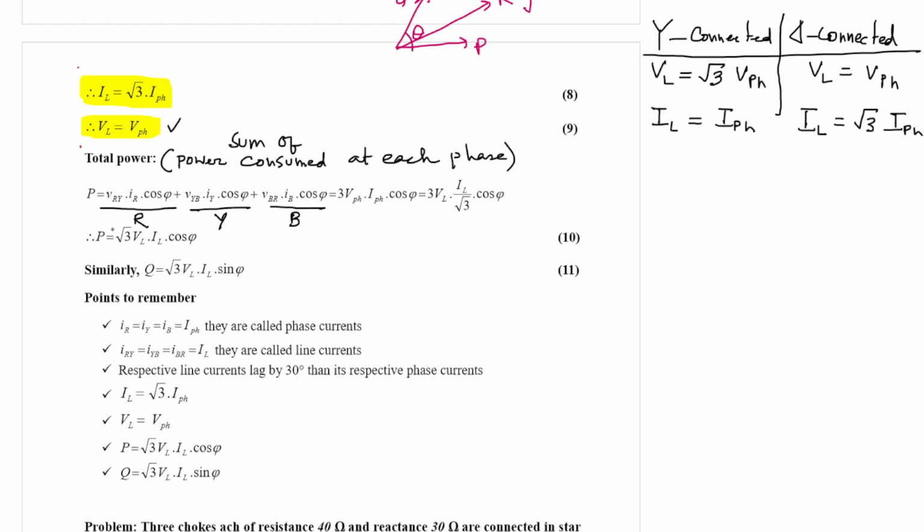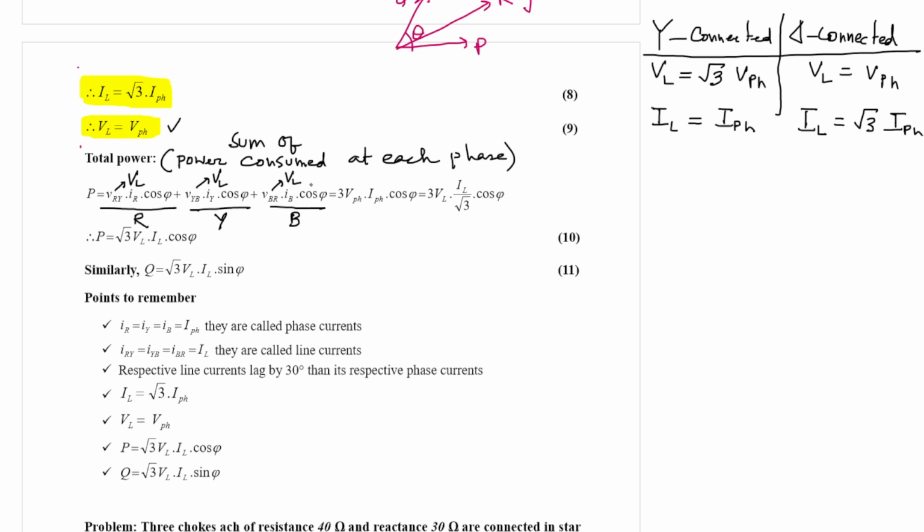So for R phase it is VRY into IR cos phi. Similarly, Y phase VYB into IY cos phi. Similarly, B phase VBR into IB cos phi. You know VRY is the line voltage, VYB also line voltage, and VBR also line voltage.